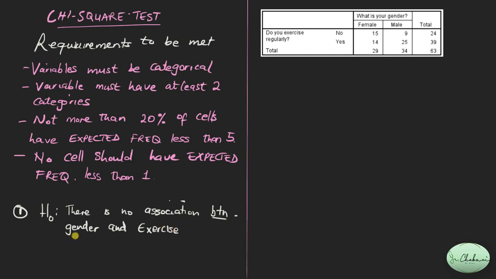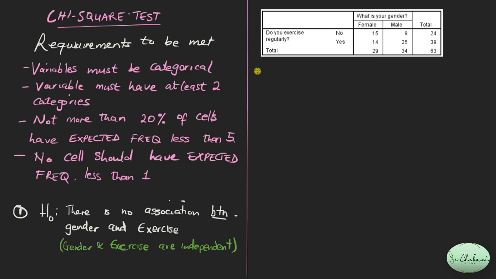The other way to write this, if you prefer to use the word independence, is to say that gender and exercise are independent. That's what we are testing. We are testing the null hypothesis that these two are independent. That's why it's called the chi-square test for independence.